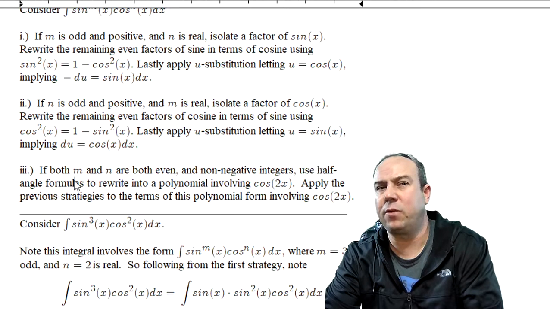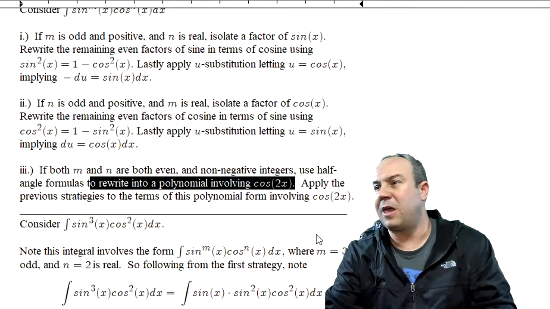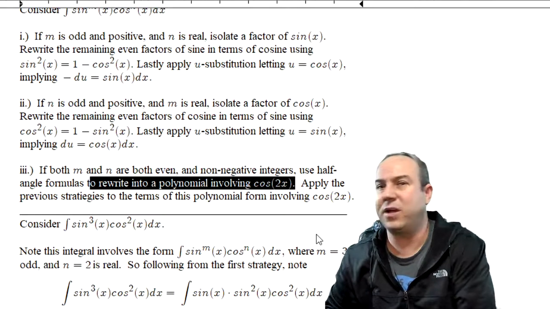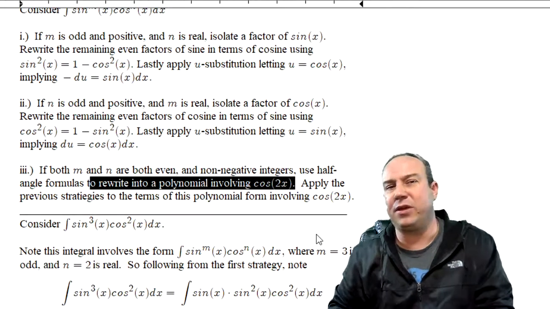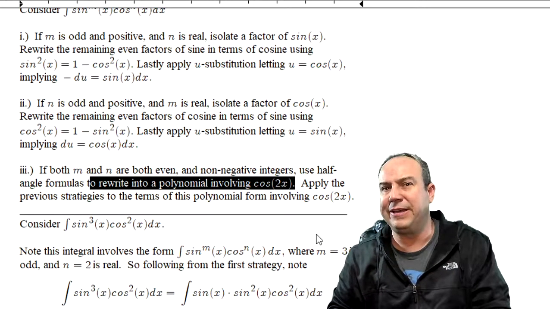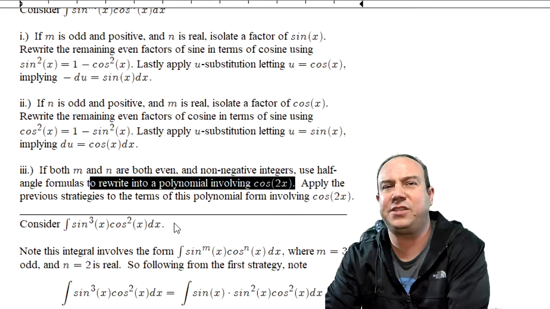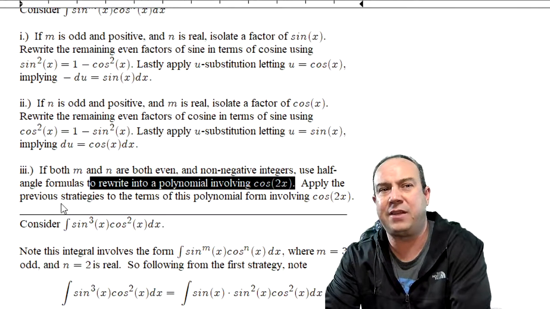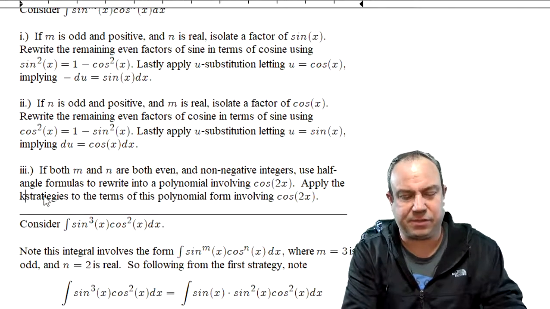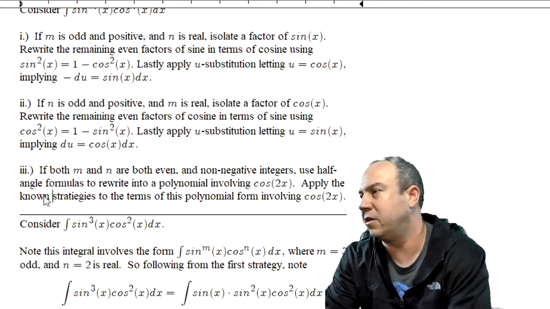Use half-angle formulas to rewrite into a polynomial of the cosine 2x. That was the 1 minus cosine squared 2x that we had. And apply the known strategies to the terms of this polynomial form involving the cosine of 2x.